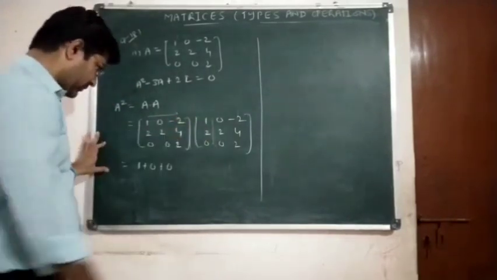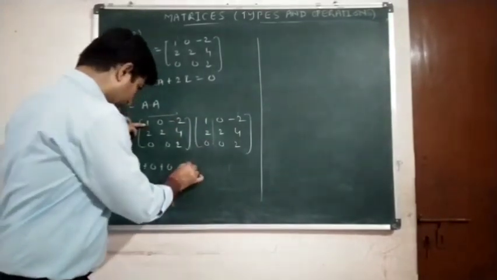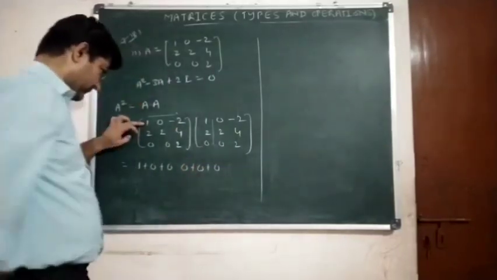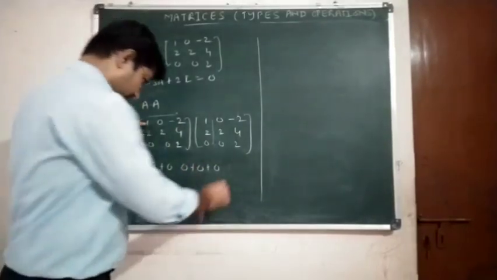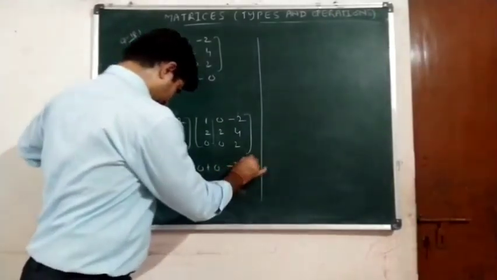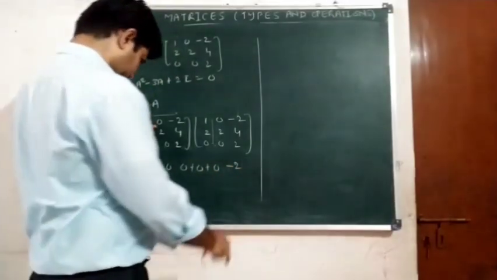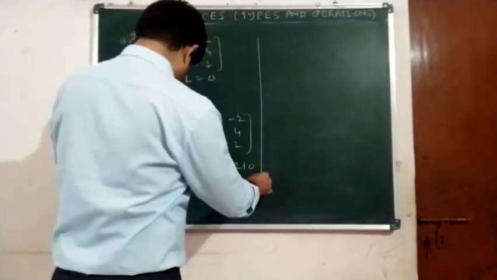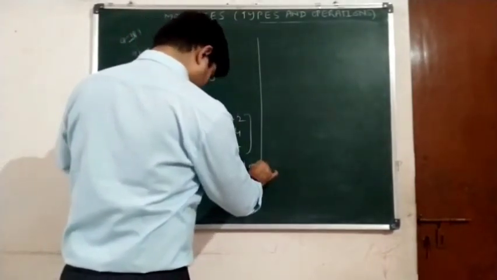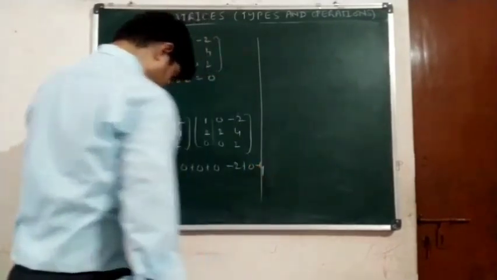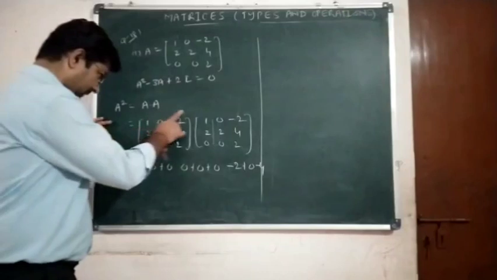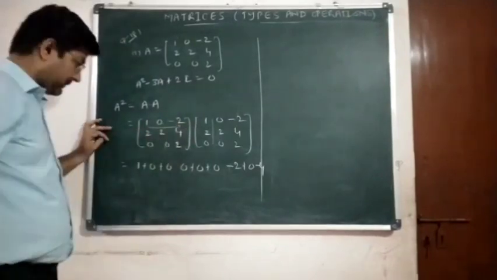Again with the second column, 1 zeros are 0 plus 0 plus 0. Again with the third column, 1 into minus 2 is minus 2, plus 0, and minus 4, minus 2 minus 4. Clear? Now we will multiply the second row with the 3 columns one by one.